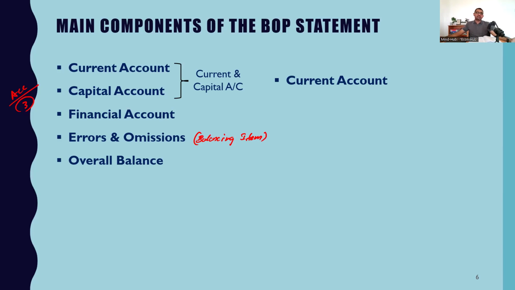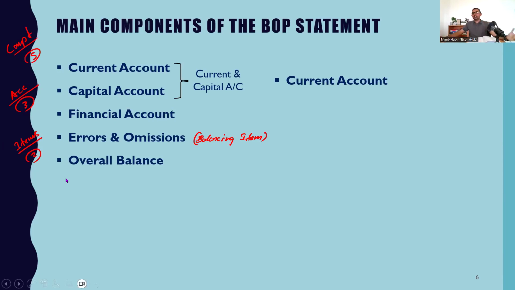Like in some accounting statements you have the bottom line of net profit or net loss, likewise, overall balance. So these I call components. All 5 are components. Out of that, 3 are accounts, and in terms of special items, we have 2. So that's a breakdown.